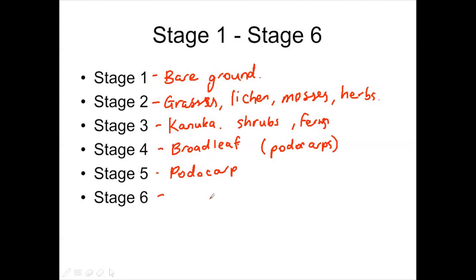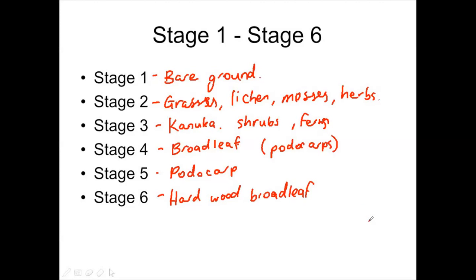Our broadleaf podocarp could be classified as being in the transition stage between stage 4 and 5, but we were told that it was a stage 4, so up to you. Stage 6 is a hardwood broadleaf forest.